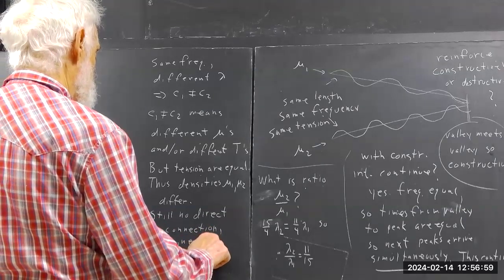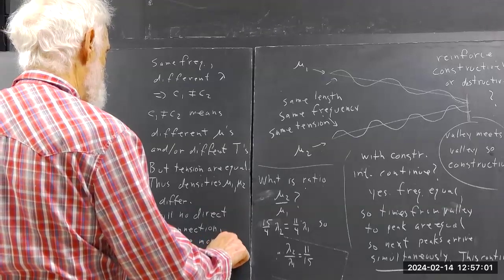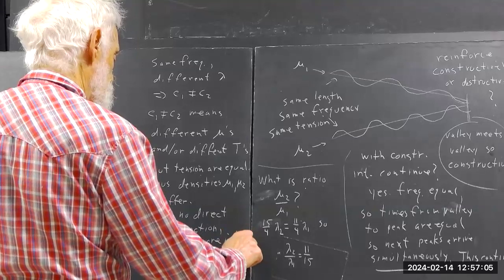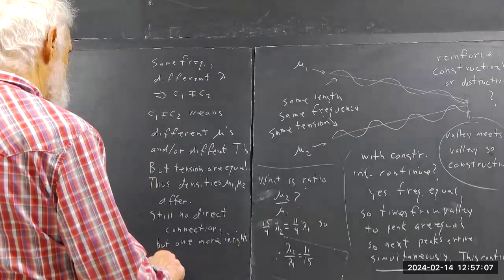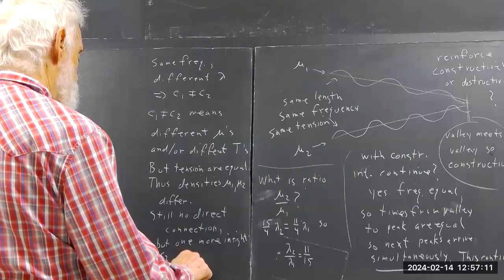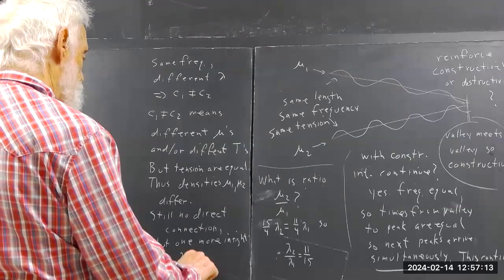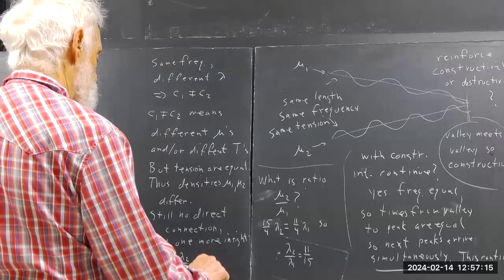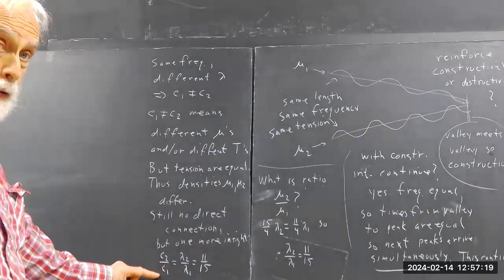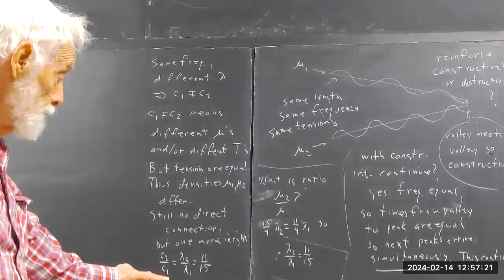Okay, we still got one more insight. And you saw this, articulated this. The ratio of your propagation speeds is equal to the ratio of your wavelengths.